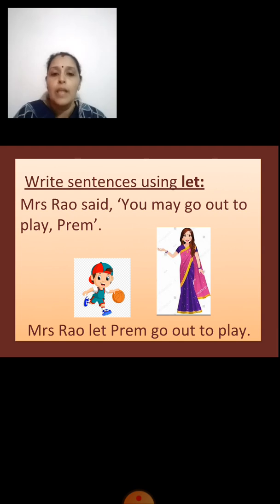Yes children, now we can put it this way. This is a direct conversation between Mrs. Rao and Prem, right? The first sentence was Mrs. Rao said, "You may go out to play, Prem." Now when I am telling this to you all, it becomes an indirect conversation. So I am telling you all, Mrs. Rao let Prem go out to play.